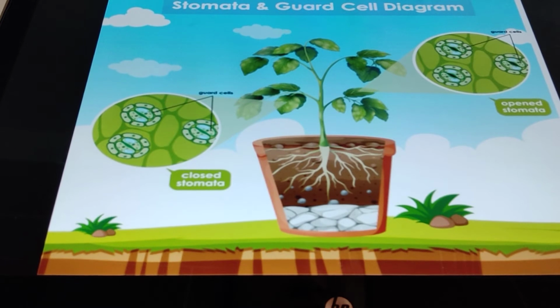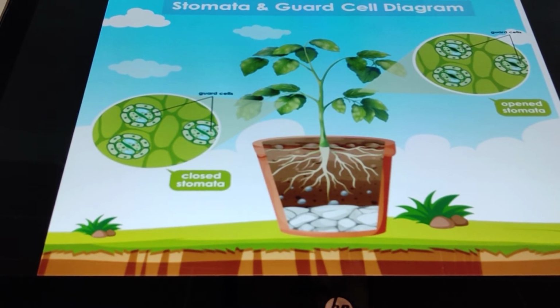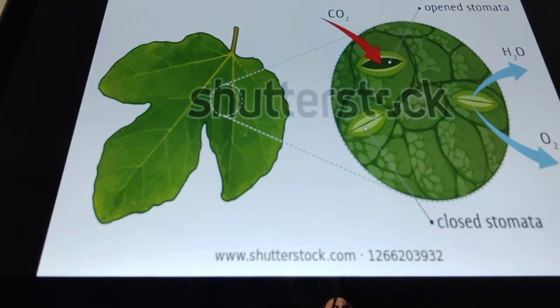I repeat again, the main function of stomata is the exchange of gases. During the daytime, plants inhale CO2 and exhale oxygen. During night, they inhale oxygen and exhale CO2.